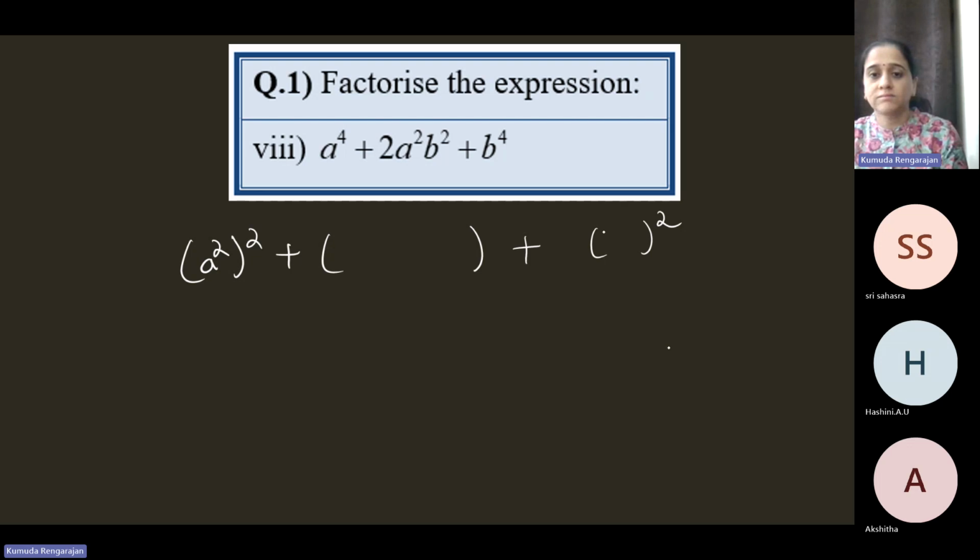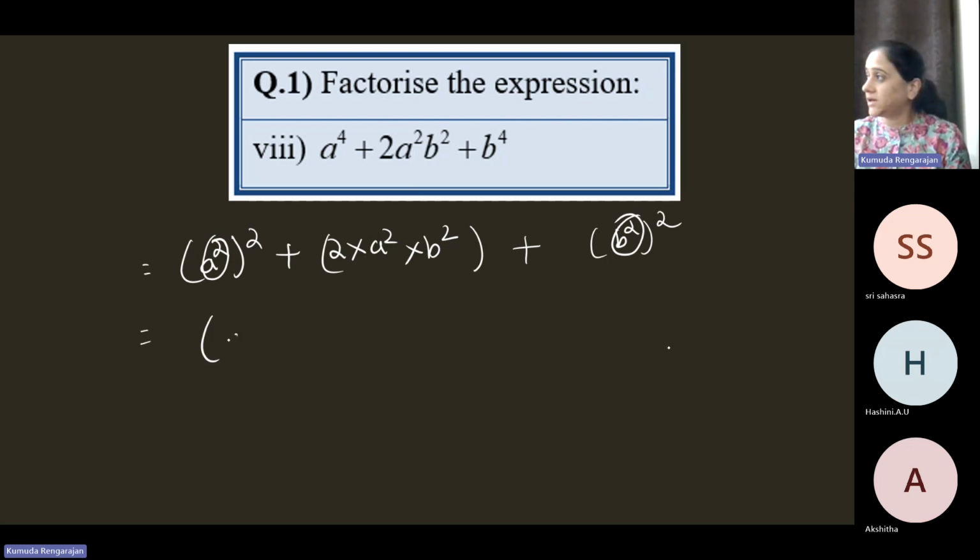Then 2 into a squared into b squared, you're getting the middle term. So this is nothing but a squared plus b squared, the whole square.